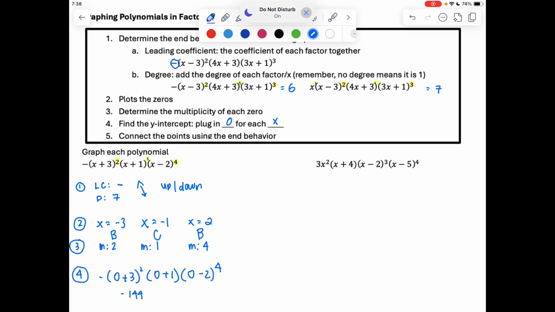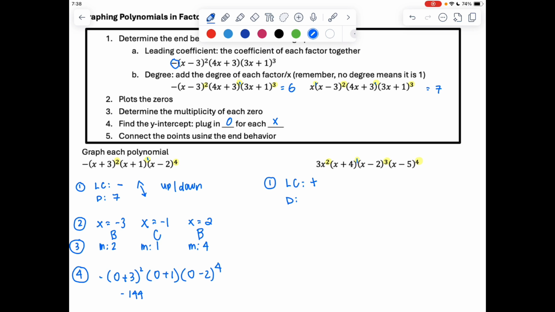For our last example, we're going to do the first step together and then have you guys finish off the rest of the steps. So to find our end behavior, we need to look at our leading coefficient. This time, it's going to be a 3. We don't really care about the number, we just care that that 3 was positive. Then we need to find our degree, add up all of those exponents. We've got 2, 1, 3, and 4.